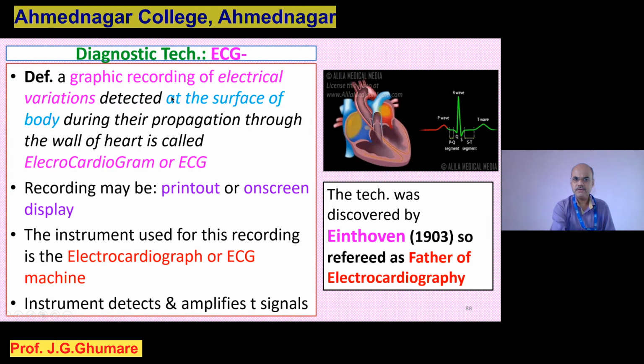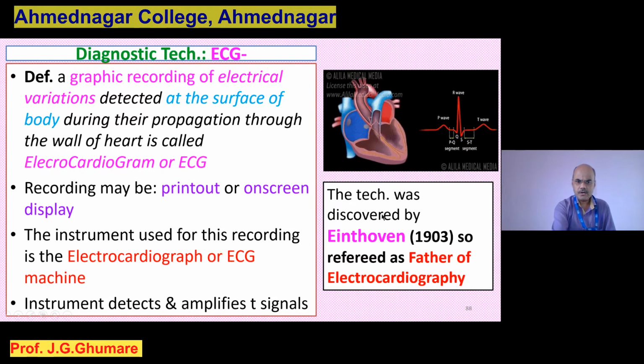Electro, the one which is in form of electrical variation. Cardio, related with the heart, and we take it in form of picture. This is called electrocardiogram. Remember, the recording may be in form of a printout. We take it on a piece of paper, or it could be on screen. Say, for example, like this, it could be the on-screen recording.